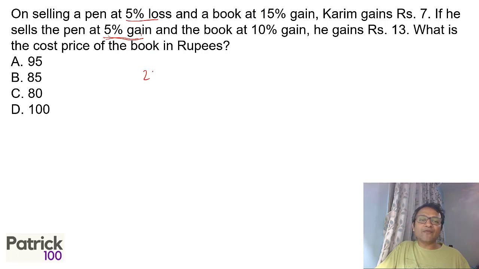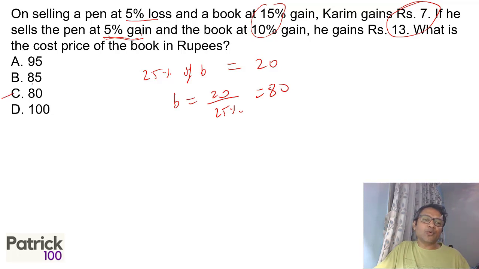So what you get is 25% gain of the book is equal to 7 plus 13, 20 rupees. So the book will be 20 upon 25%, which gives you 80 rupees straight away. You don't even have to do anything. Directly solve.